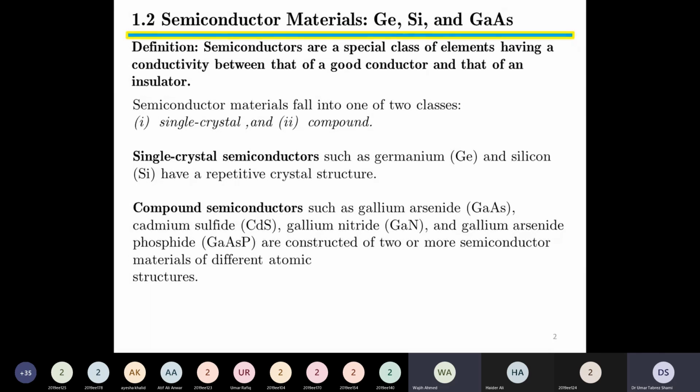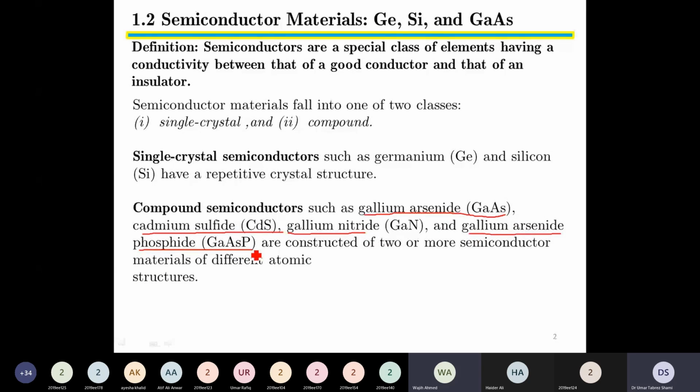So we can see three examples of two elements forming compound semiconductors, that is gallium arsenide, cadmium sulfide, gallium nitride. Whereas we also see one example of a three-element compound semiconductor, that is gallium arsenide phosphide.